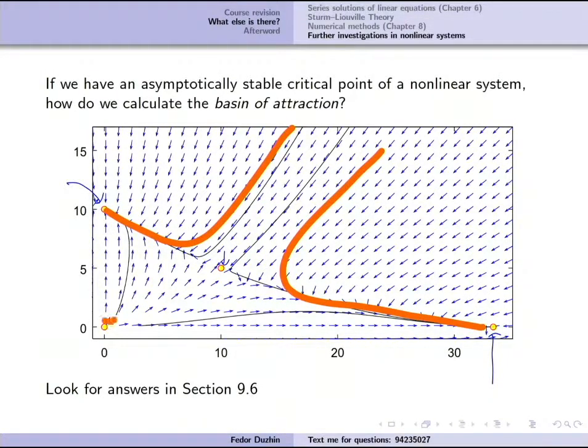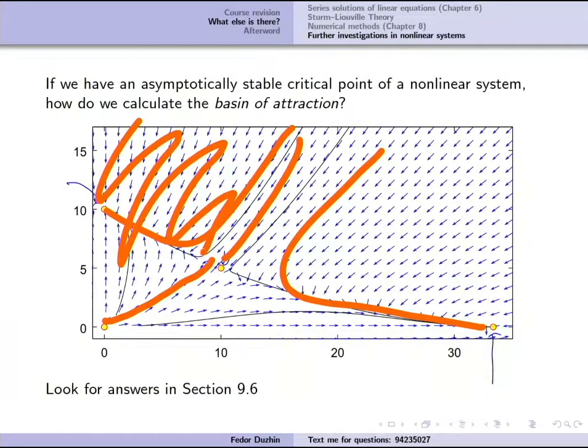So basically it is clear that there is some kind of an area here, and there is some kind of another area here. One of them is attracted to the first critical point, and the other to the second critical point, and this is called the basin of attraction. So how to calculate it explicitly is explained in section 9.6, and if you do that, you can get some extra scores for your project.